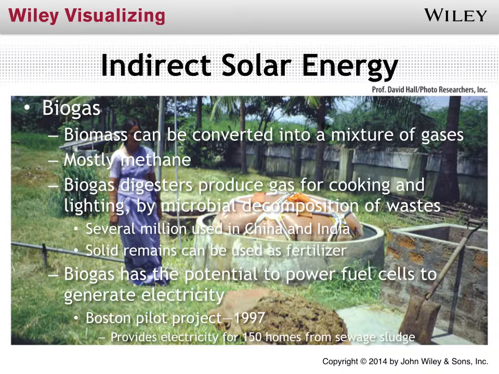There was a pilot in the United States in Boston in '97 that allowed enough energy to be produced to provide electricity for 150 homes just from sewage sludge that was collected. Again, it would require some different sort of infrastructure, but we know we generate a lot of waste in this country and around the world, and it's just another example of a possible way to utilize a waste product that we generate to make energy.